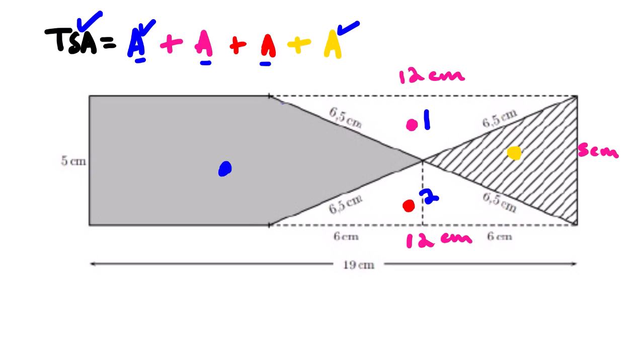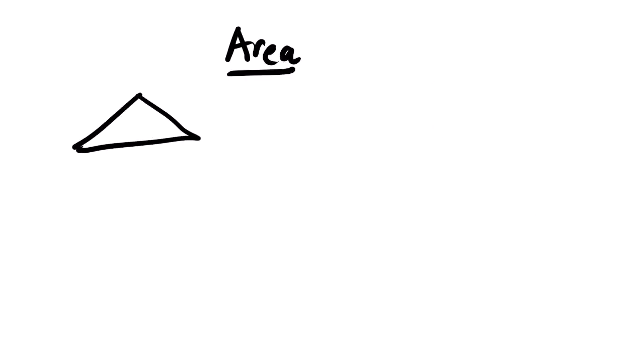Let us calculate the area of one of the isosceles triangles. Then we are going to multiply it by 2 since they are identical. In our case the base is 12 centimeters, and then we have 6.5 centimeters, 6.5 centimeters.